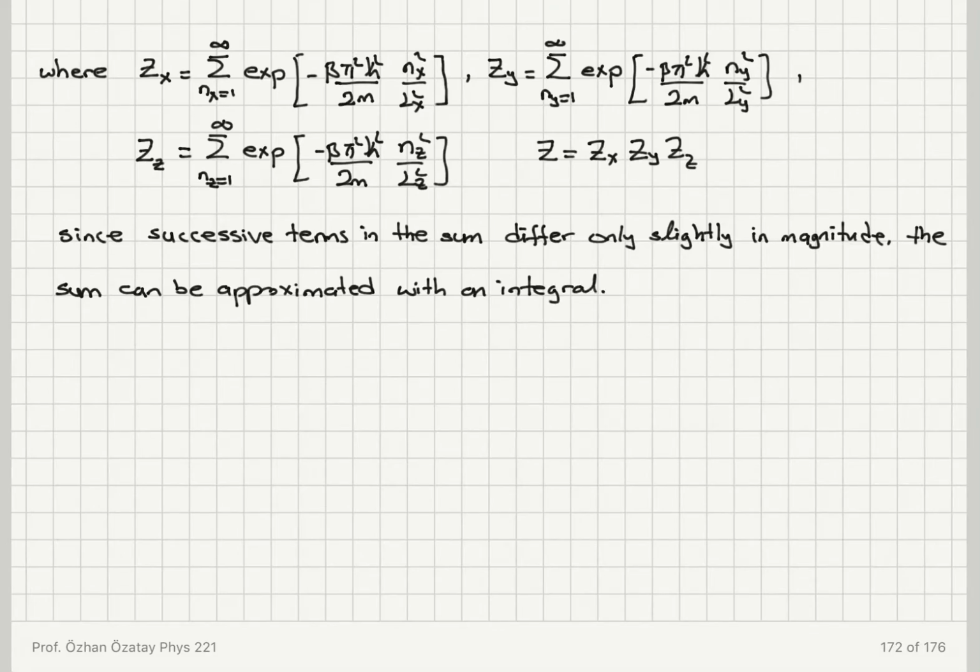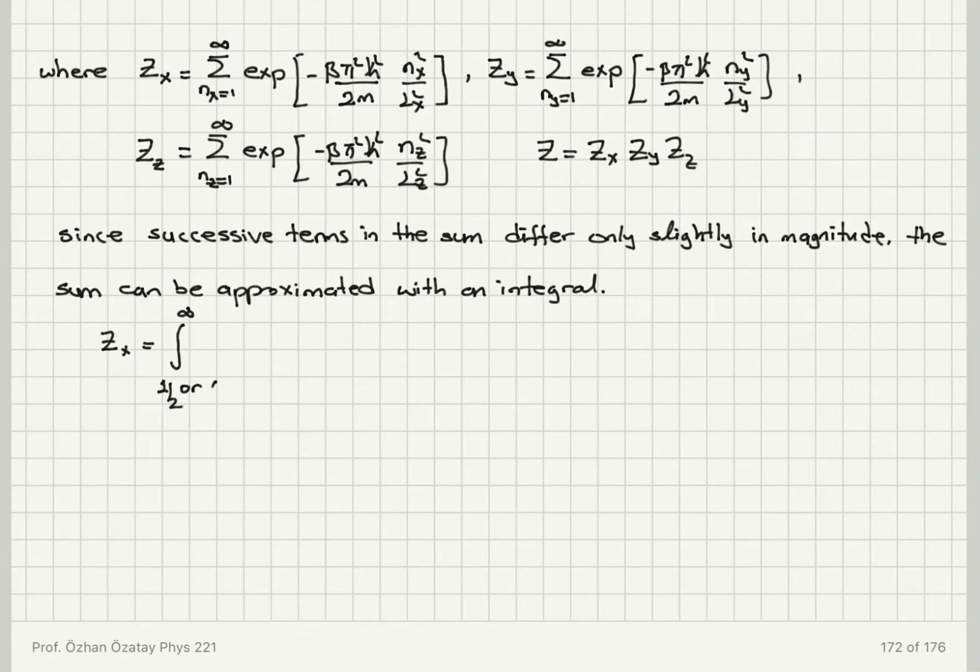And how do we do that? Well, let's just calculate Zx. So this is going to be an integral. Maybe I can say 1/2 to infinity, or I can neglect the difference between 1/2 or 0, because if you put 0 here, you're just going to get a term of 1.